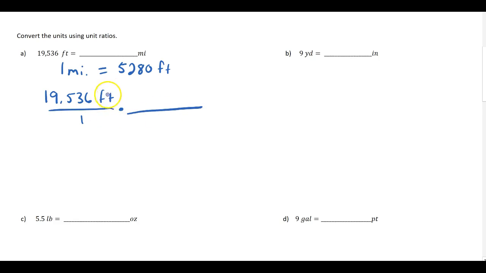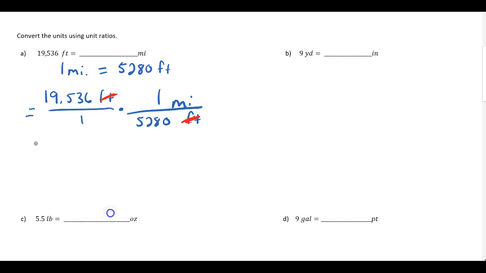Notice my feet are on the numerator here. They need to go in the denominator on my conversion factor. That way, using our rules of fractions and multiplication and simplifying, we can divide those units out. So I'm going to have 5,280 feet on the denominator and 1 mile on the numerator. Again, this allows me to cancel out my feet, leaving me only with miles.